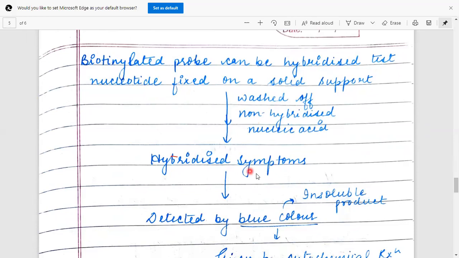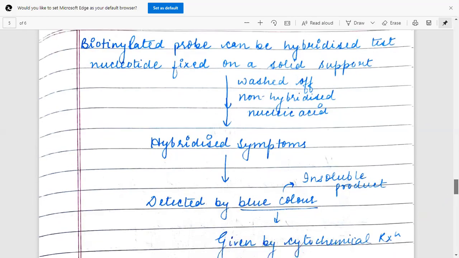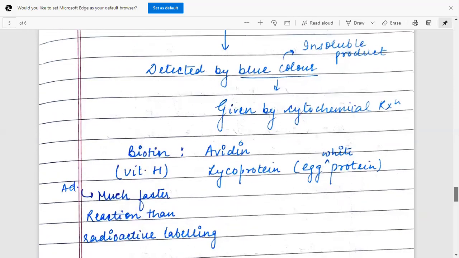The hybridized sample can then be detected by a blue color, which is because of insoluble products formed that give the cytochemical reactions.